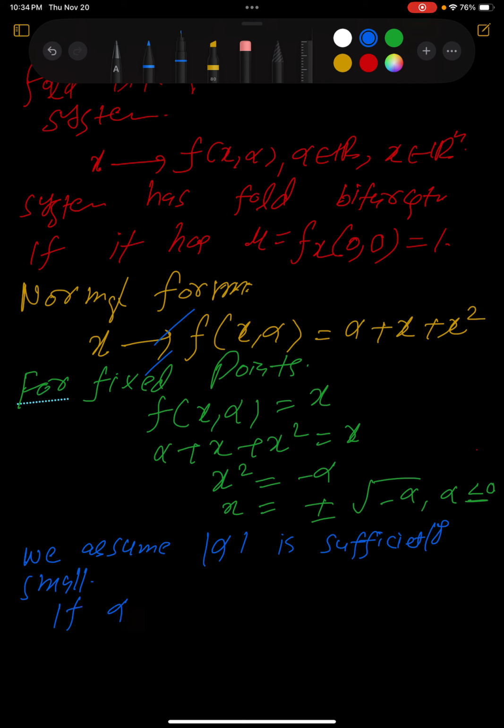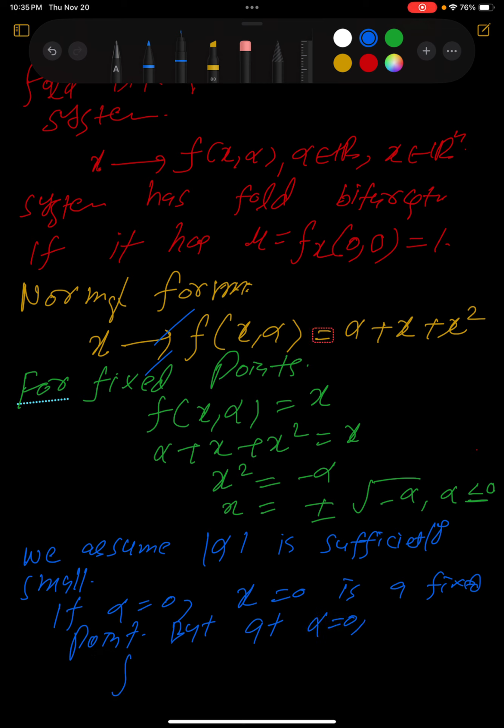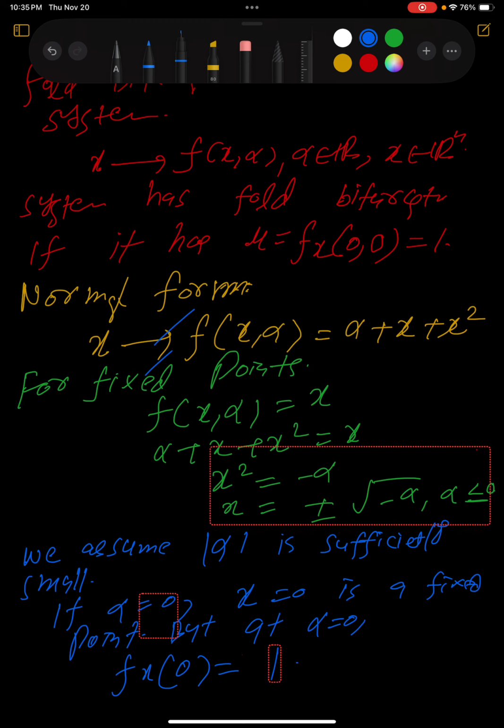So if alpha is 0, clearly x equal to 0 is a fixed point, and f_x at x equal to 0 is nothing but 1, which is a non-hyperbolic point.